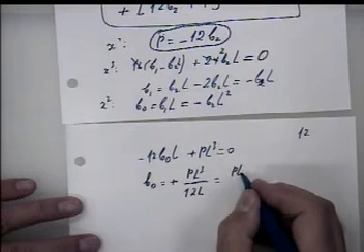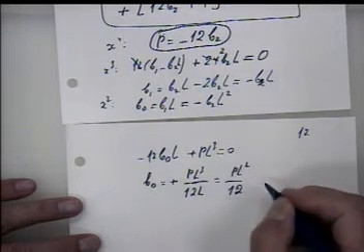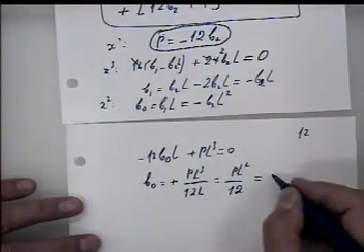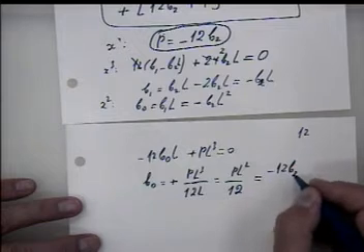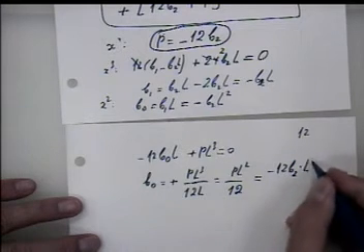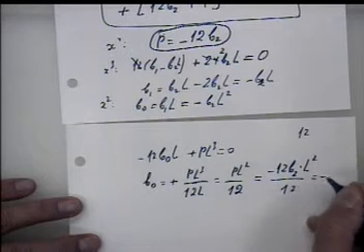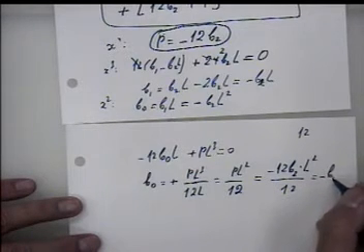So that is pl squared over 12. But p equals minus 12b2. So that is minus 12b2 times L squared divided by 12, minus B2L squared.